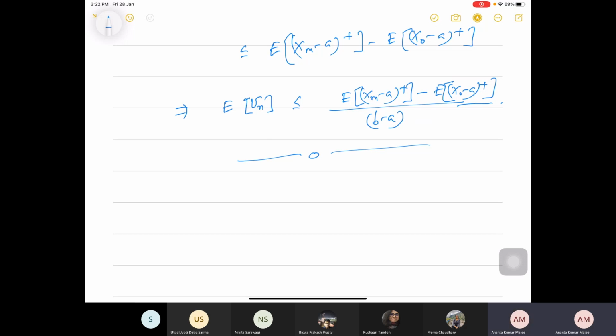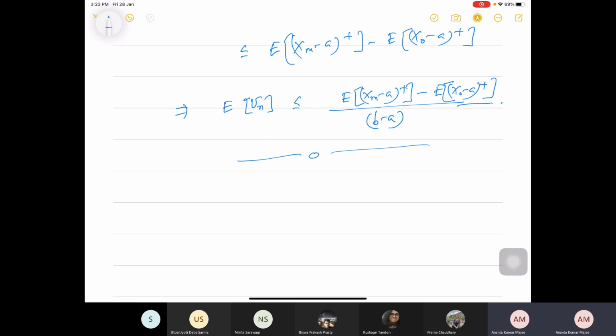Now I have U_n. If you increase your n, then U_n increases, because it counts up to time n, and if you consider up to time n plus 1, there will be more upcrossings. So U_n is increasing.